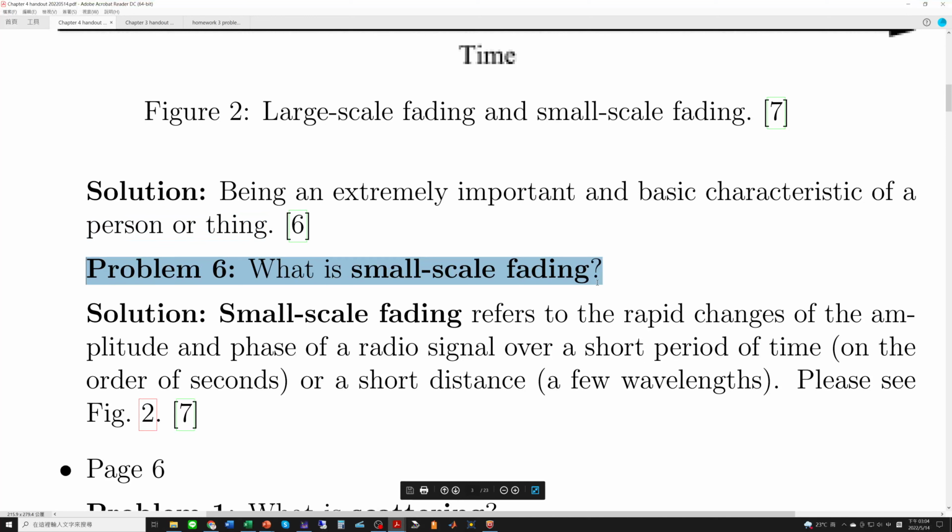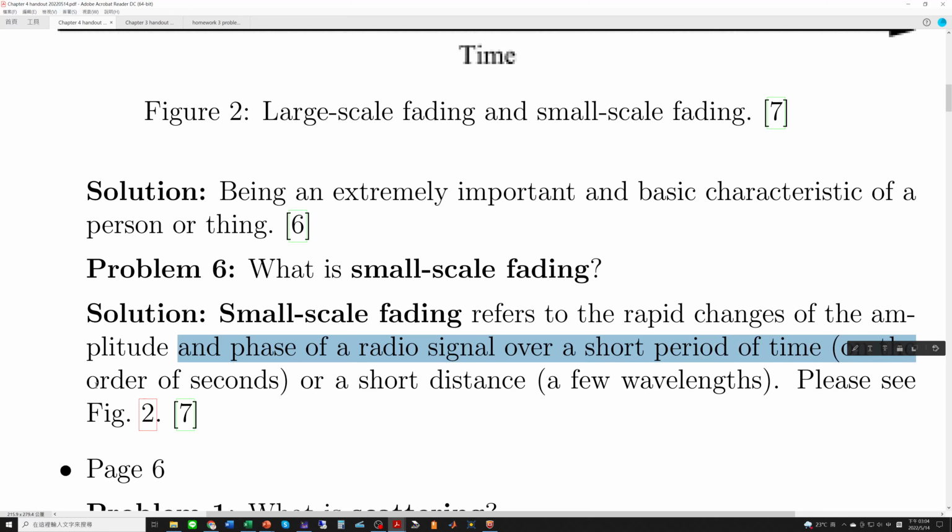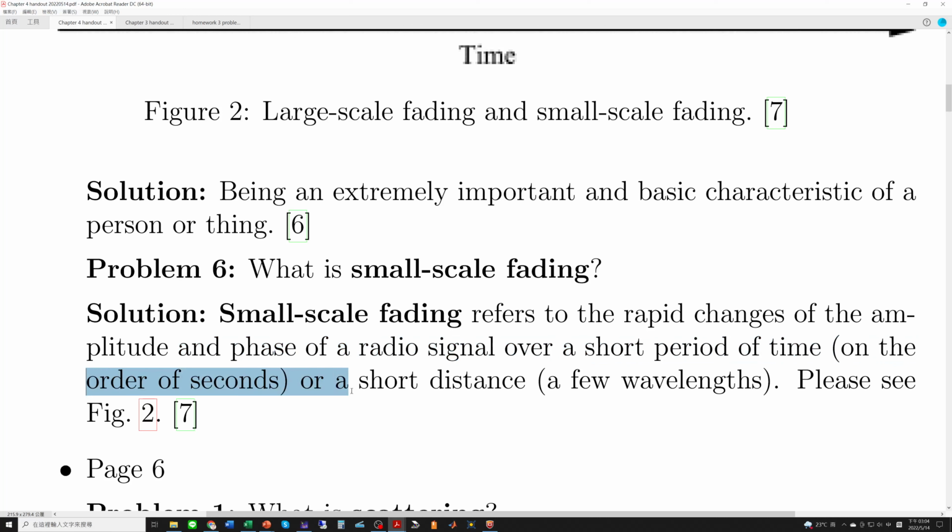What is small-scale fading? Solution. Small-scale fading refers to the rapid changes of the amplitude and phase of a radio signal over a short period of time, on the order of seconds, or a short distance, a few wavelengths.